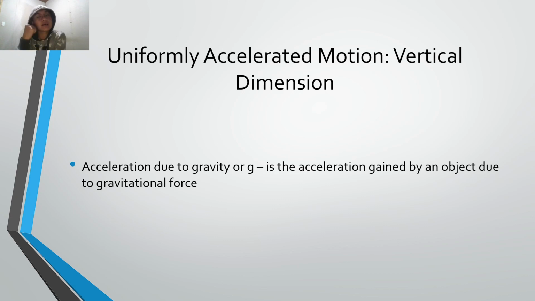This is the acceleration gained by an object due to gravitational force. For sure, you have heard the story of the apple that fell from the tree. That is when Isaac Newton formulated gravity. We see everything reach the ground because of the existence of gravity. Of course, except birds.